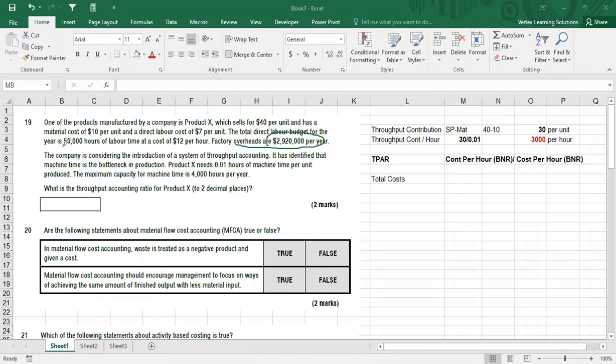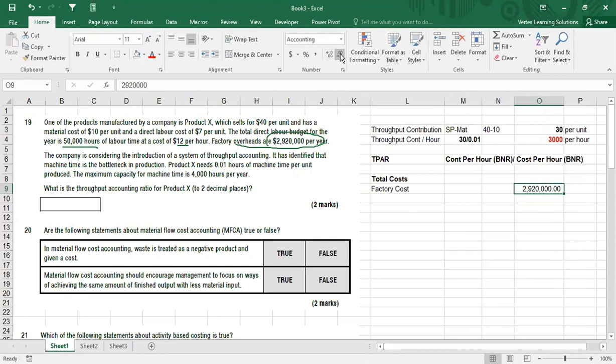And then you also have labor, 50,000 hours, and each hour is $12. Now I'm writing it longer. When you are in the exam, you don't need to write all of that. I am explaining it to you, that's why I am taking more time and putting all the figures in a format.